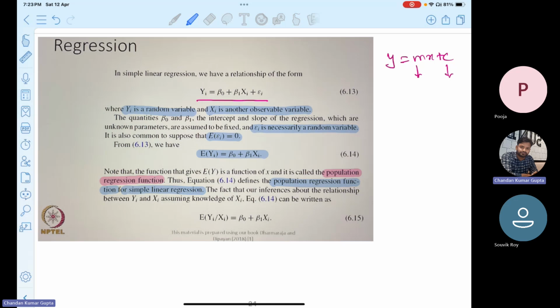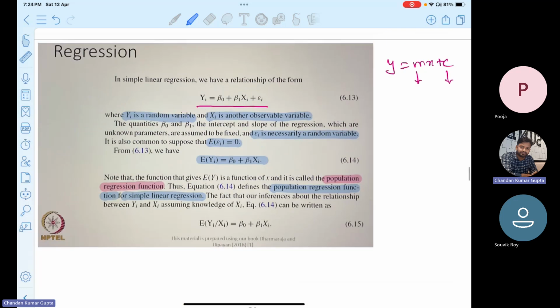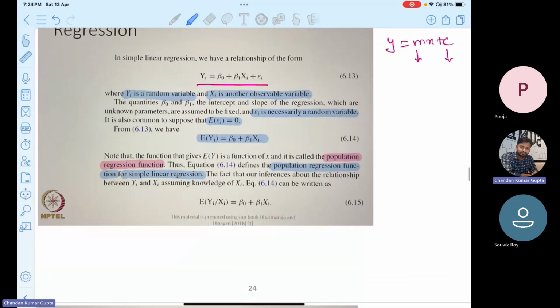We know the xi's and we study the impact of xi on yi. So the expected value of yi given xi is beta naught plus beta 1 xi, because it is a sample property. When we have a different sample, it may have different results. So this is simple linear regression.